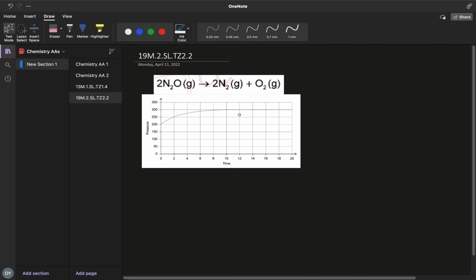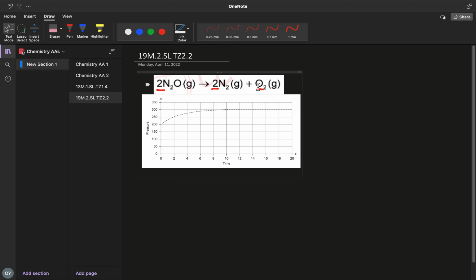Now, why is that? As you can see in the equation, we have 2N2O, the dinitrogen monoxide, so we have 2 moles of this on the left side, but on the right side, we have 3 moles: 2 moles of N2 gas, which is nitrogen gas, and 1 mole of the oxygen gas.